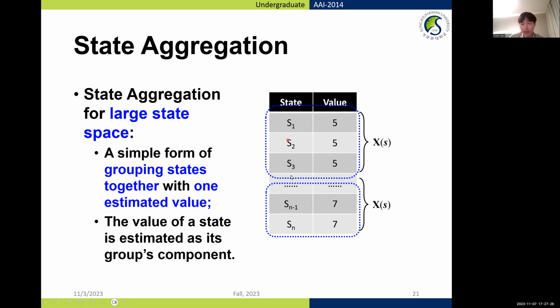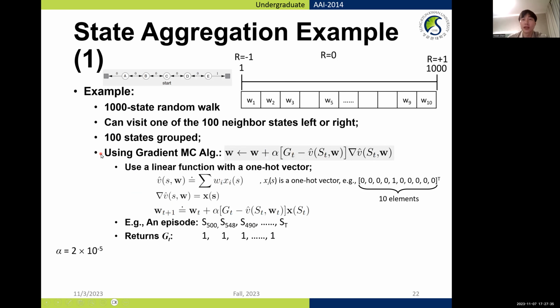We can group some states together so that they use the same value. In the last lecture, I showed you how we can calculate this based on the random walk.